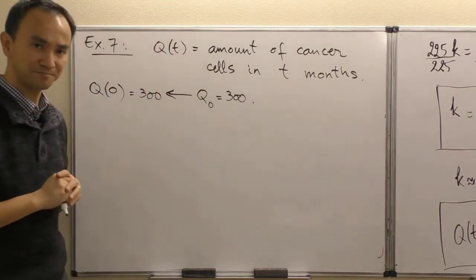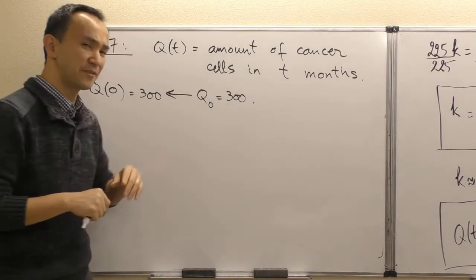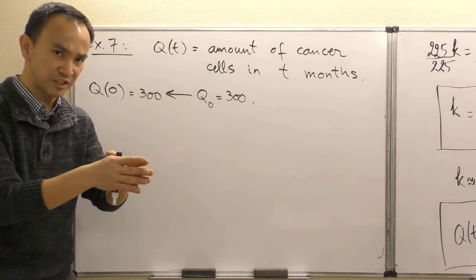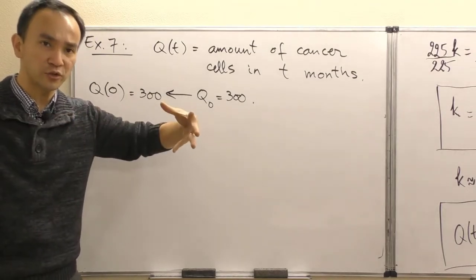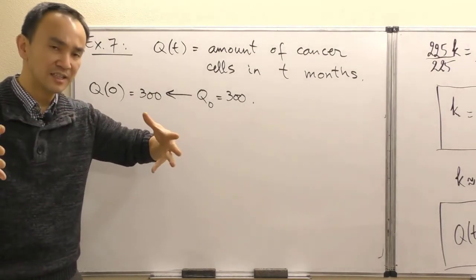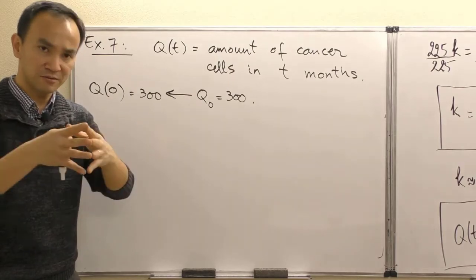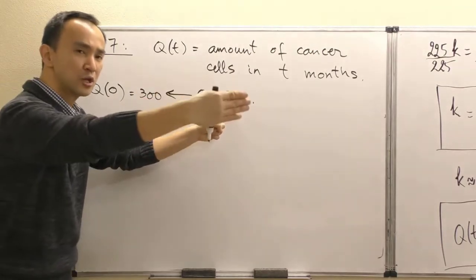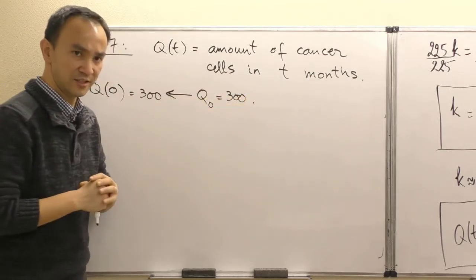And from the wording, it took 1 month for 300 cancer cells to grow to 360. So the time amount is 1 month, and it grows from the starting amount of 300 to 360 cancer cells in 1 month.